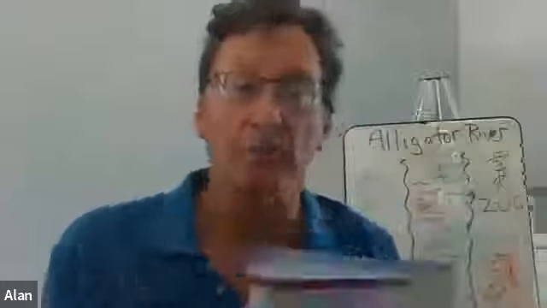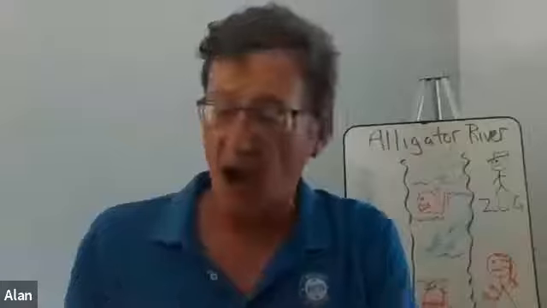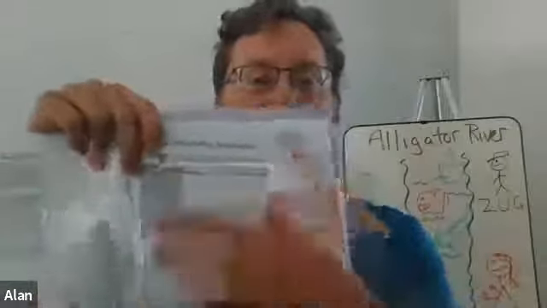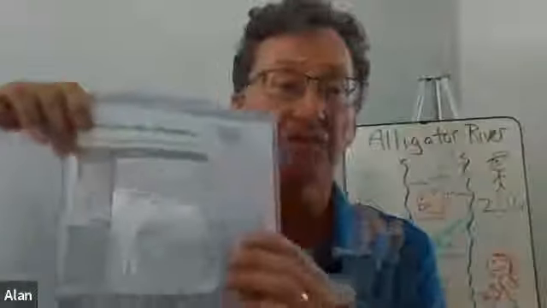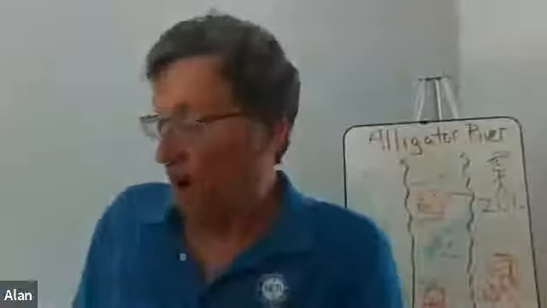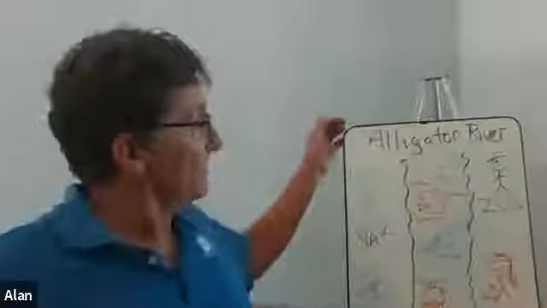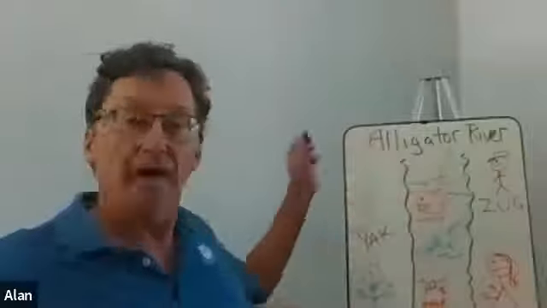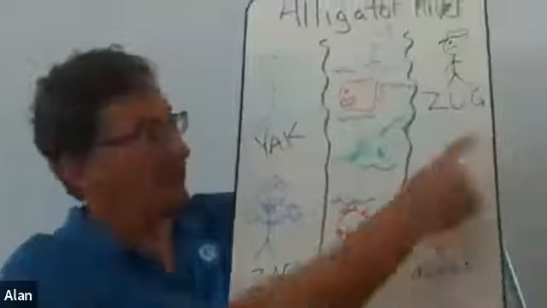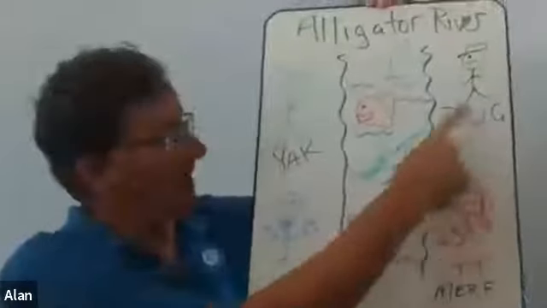Now, in your workbook, which I know all of you have, on page 5, you have a chart that looks a lot like this. On this chart, considering our 4 people in Alligator River, we have Murph, Zach, Zug, who is the boat guy, and Yak.